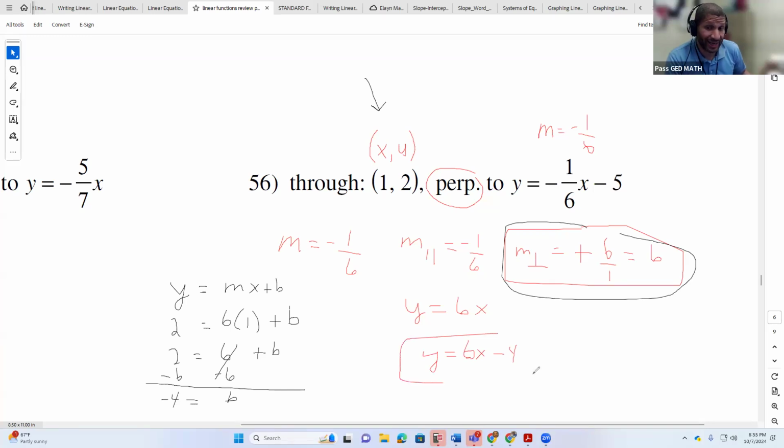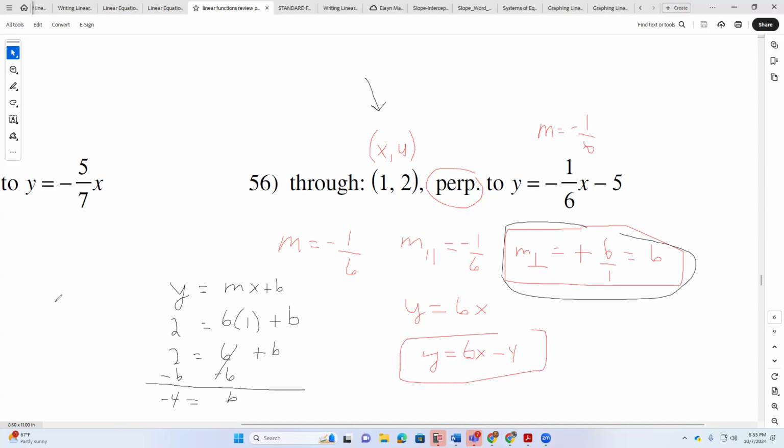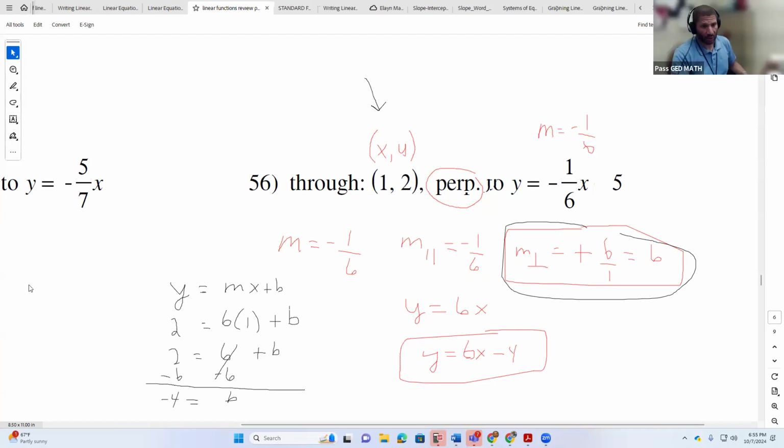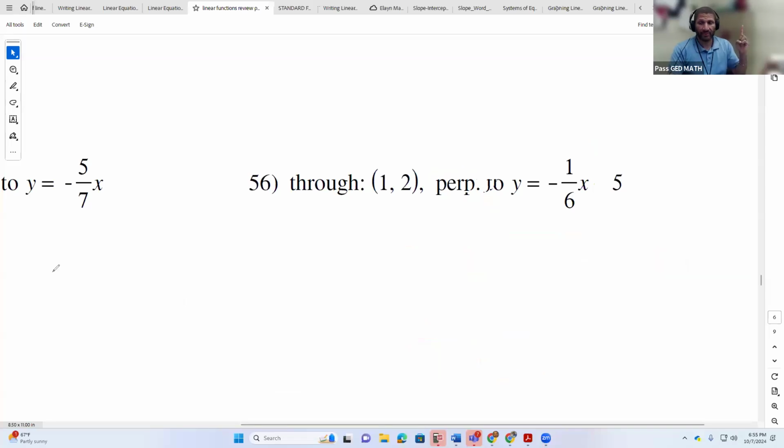What we did tonight is at least 5 questions on your exam. Let me just summarize what we did tonight. You should be able to find a slope from a graph. You should be able to find an equation of a line from a graph.